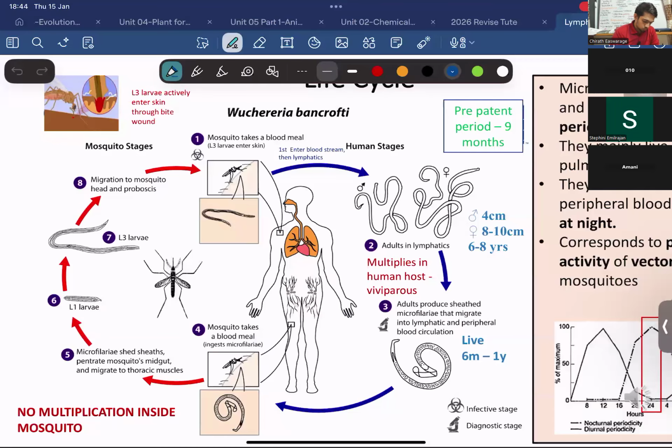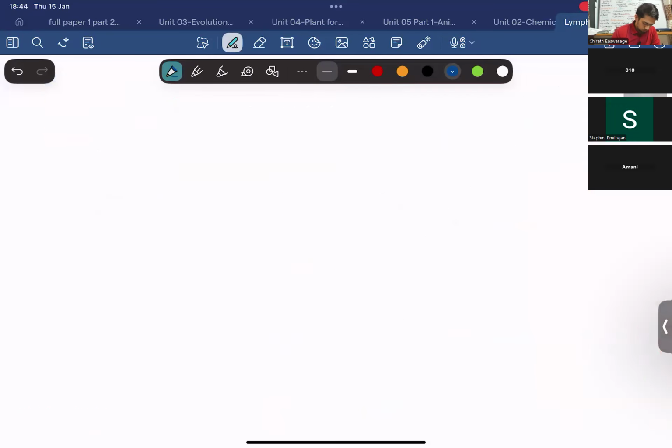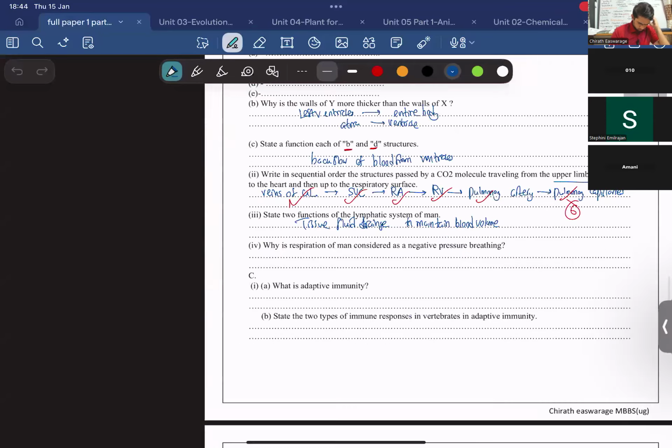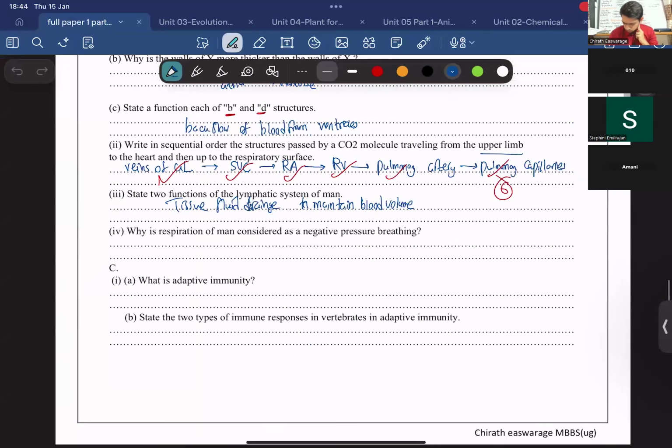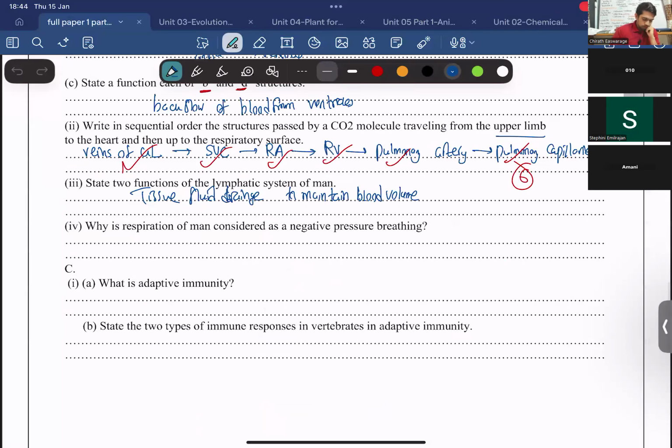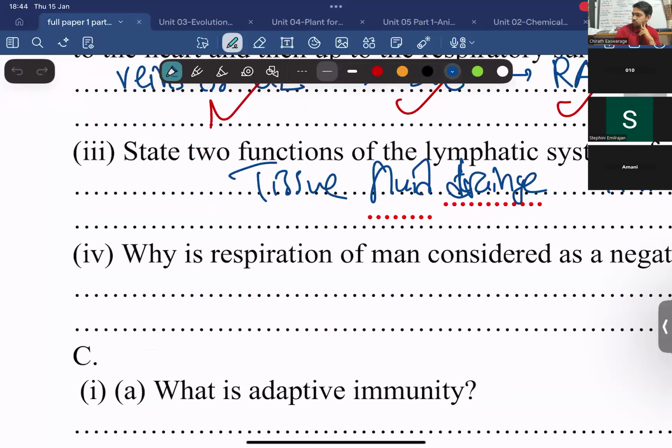Okay. So coming back to our paper, tissue fluid drainage to maintain blood volume. Then also there's an immune response, right? What part of the lymphatic system is performing immune functions? Your lymph nodes.